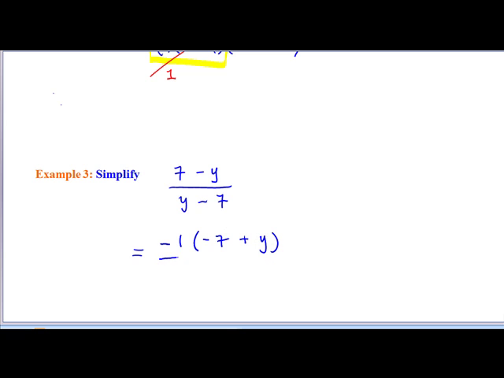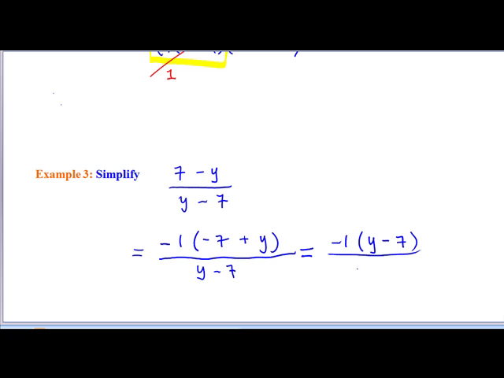Now you only do this in either the numerator or the denominator, not both. Since I already factored out minus 1 in the top, in the bottom I don't have to worry. Then just rewrite this a little more nicely by putting y in the front, then minus 7, like so.